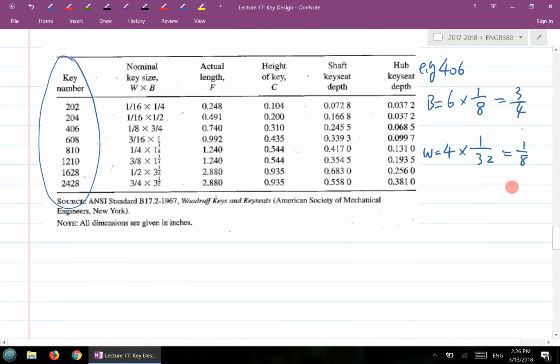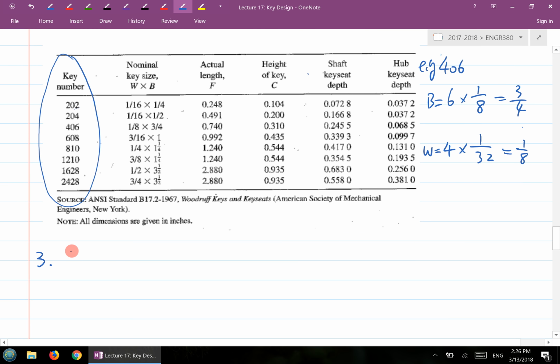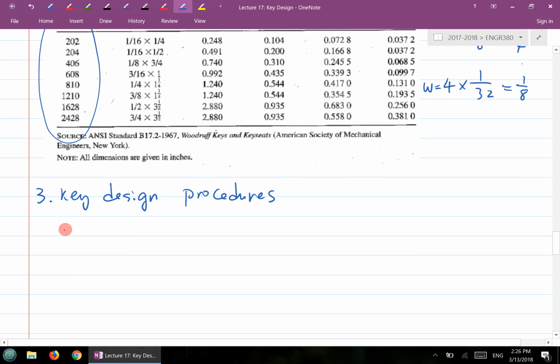Our focus is going to be on the key design. I'm going to look at the procedures for key design, some typical procedures and what you need to be careful with. Here are a number of steps involved in the key design.